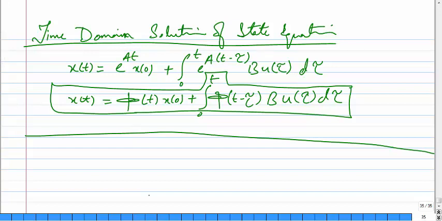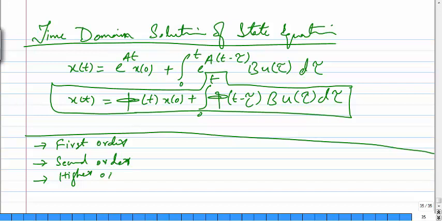So before concluding, you have to know that we discussed basically first order systems and second order systems. Then for higher order we say that we have dominant poles that tell us about the response.